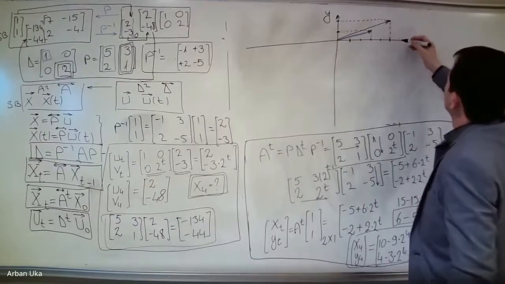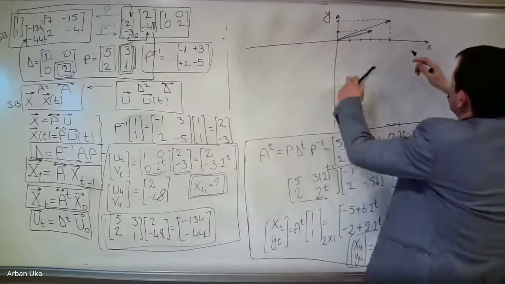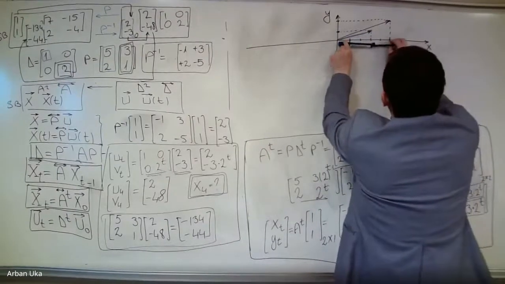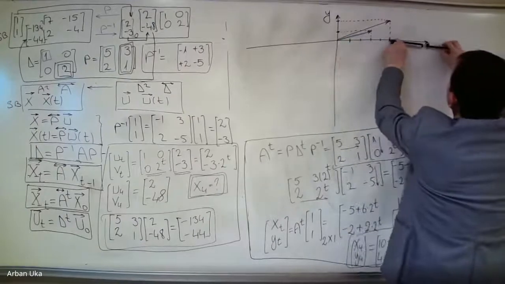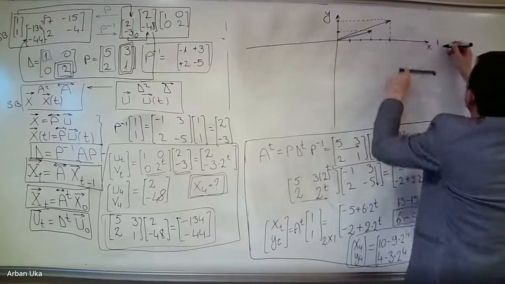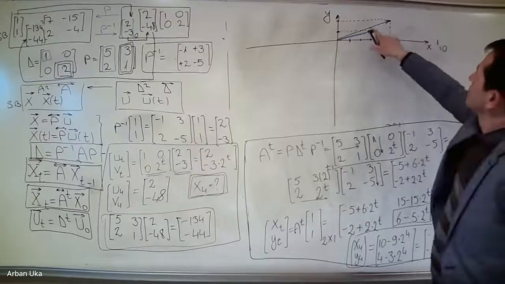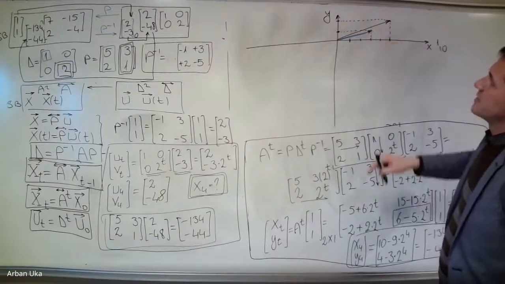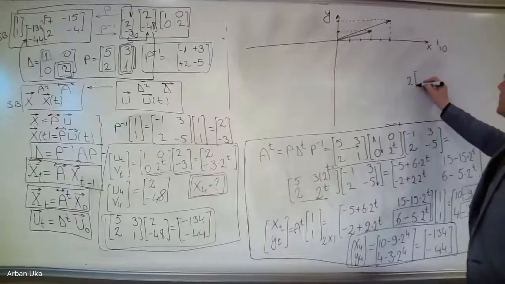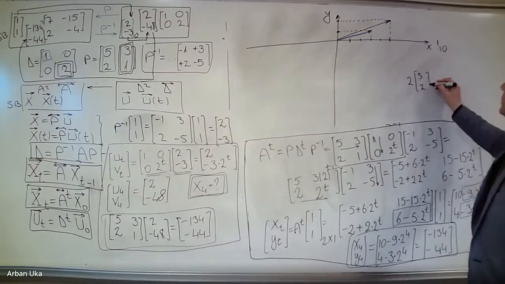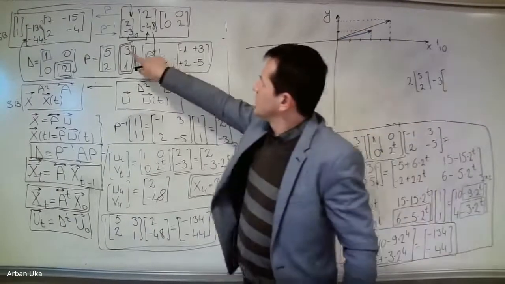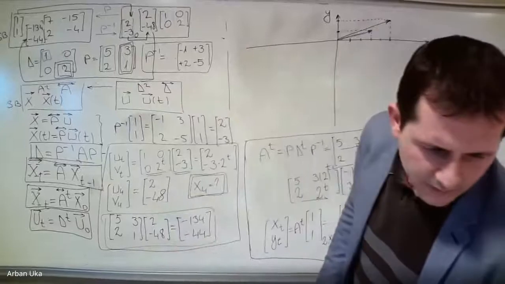So this will go up to, this is 5. Now, if I try to draw something to scale, I'm going to get something like this. I'll try to do my best. So this is 10, because 2 times 5, 2, so the initial point is 2 times 5, 2, minus 3 times the other axis, which is 3, 1.